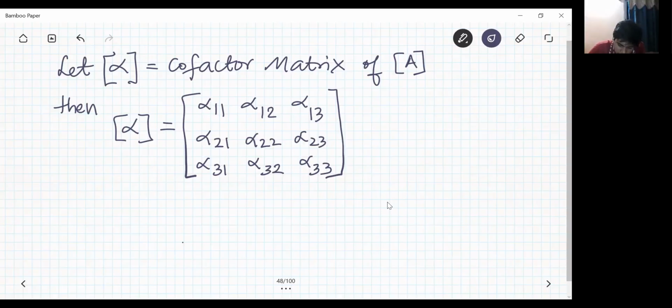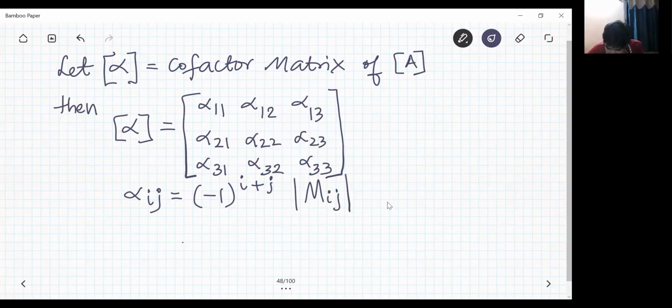How are you writing? Alpha ij is equal to minus 1 to the power of i plus j multiplied by the determinant of Mij. So what will happen for alpha 2 1? You have to write fully and simplify.